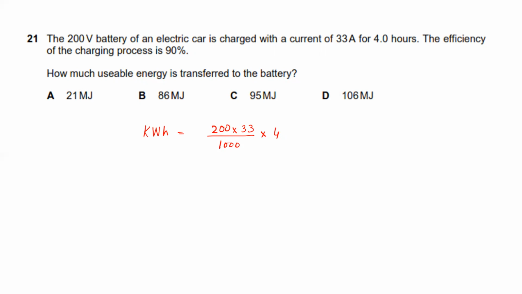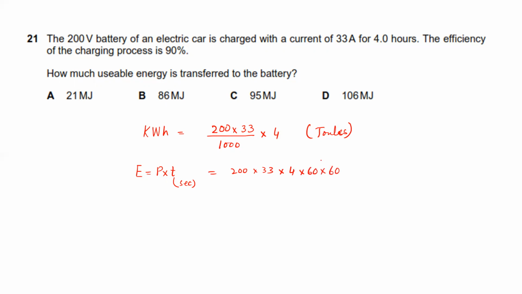But energy is equal to power multiplied by time, and this time is usually in seconds. So if we're talking about not kilowatt hours but joules, then 200 multiplied by 33 multiplied by 4 hours into 60 into 60.